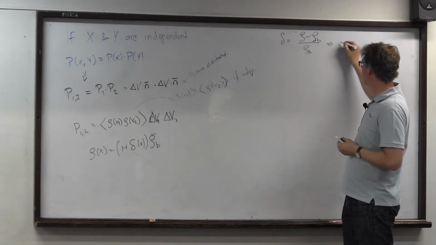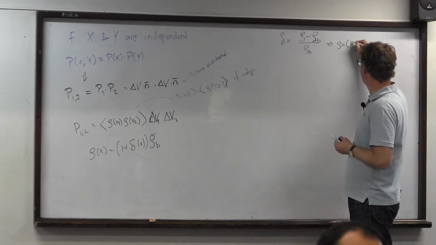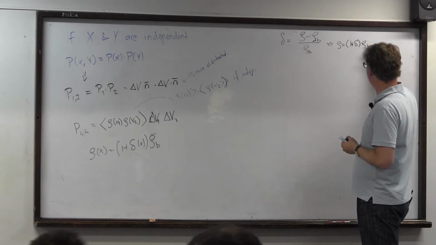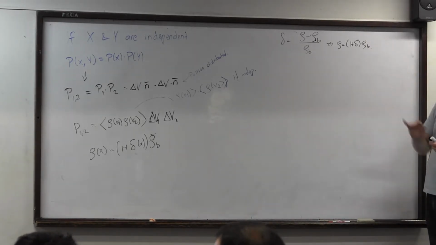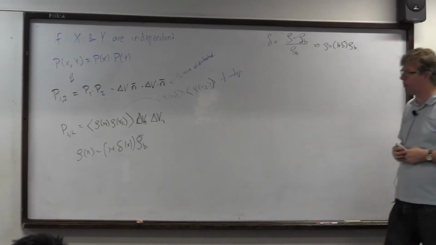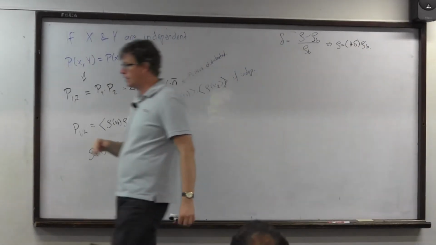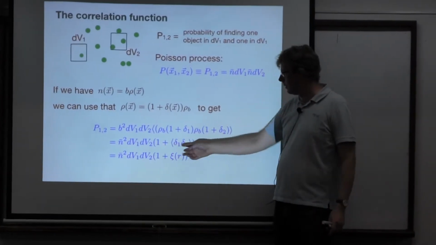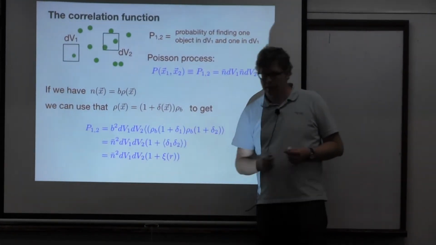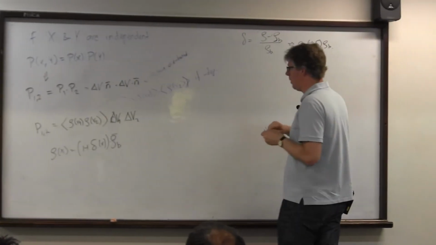This then gives rho equals 1 plus delta times rho background. Now we can multiply those together, and that's what I've done here. And what you're left with is a convenient expression. So let me multiply it out here.